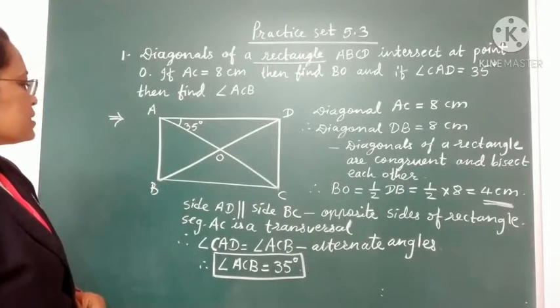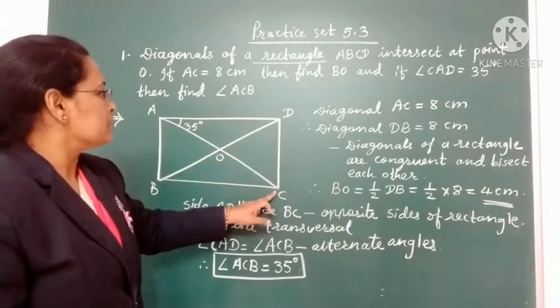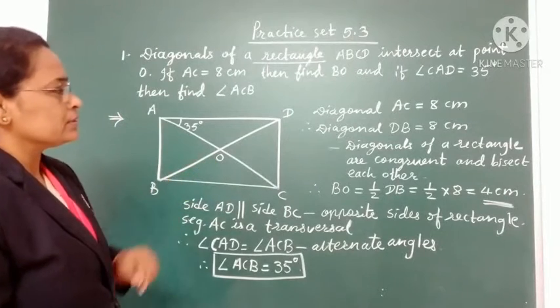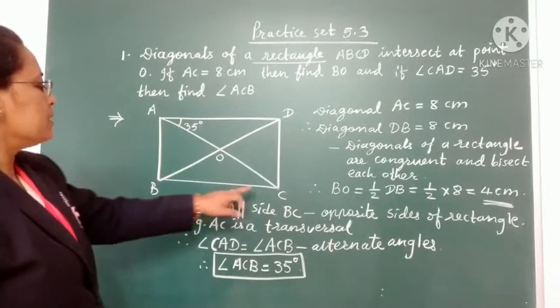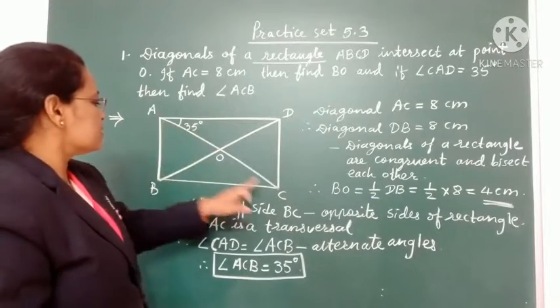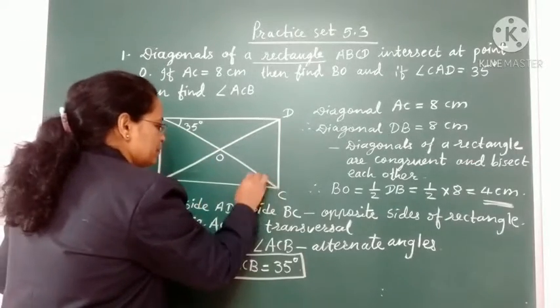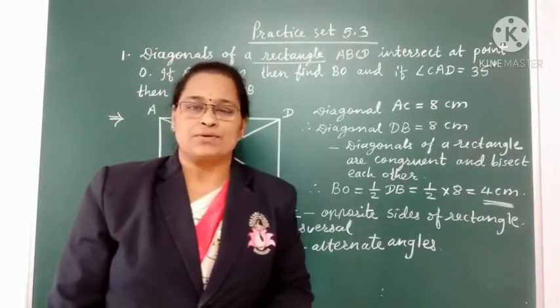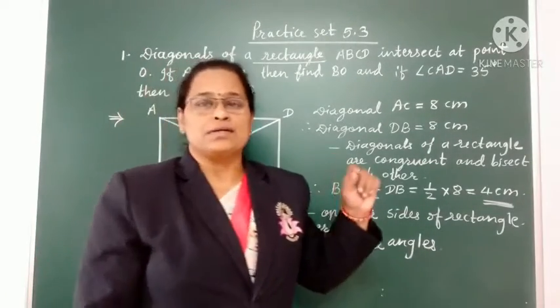If AC is 8 cm, that is one of the diagonals is 8 cm, then find BO. That is the part of the second diagonal is asked. If angle CAD is 35 degree, then find out angle ACB. This angle we have to find out. For this purpose, we have to use suitable properties of rectangle which are needed here.